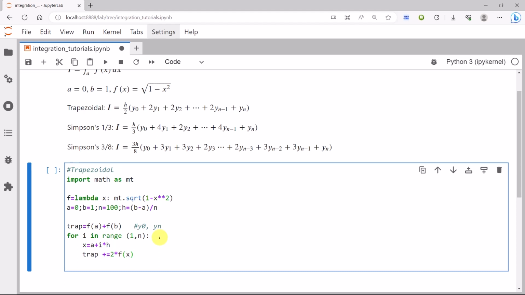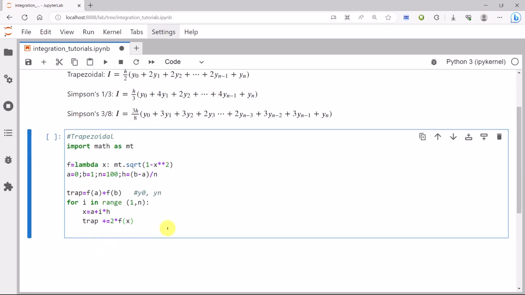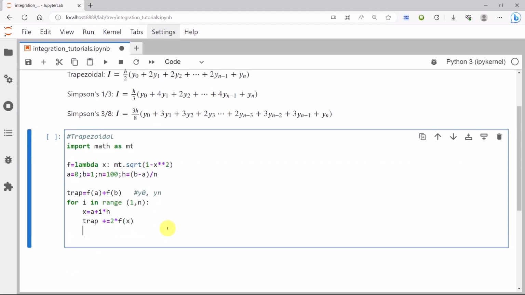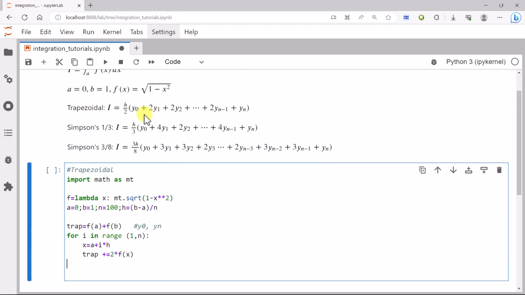So this gives the summation, and now I come out of this for loop. I don't need to be in the for loop.